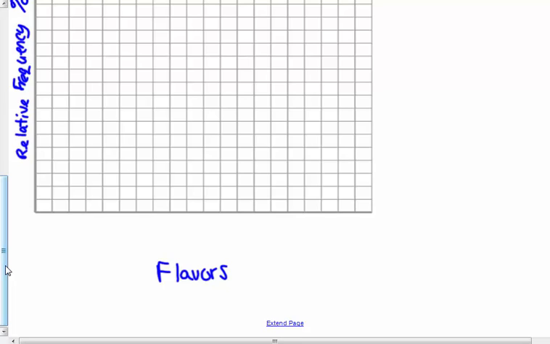So I'm going to leave a space and then make my first flavor vanilla. And I'm just abbreviating VAN. And then leave a space, 3 bars wide, it's chocolate.